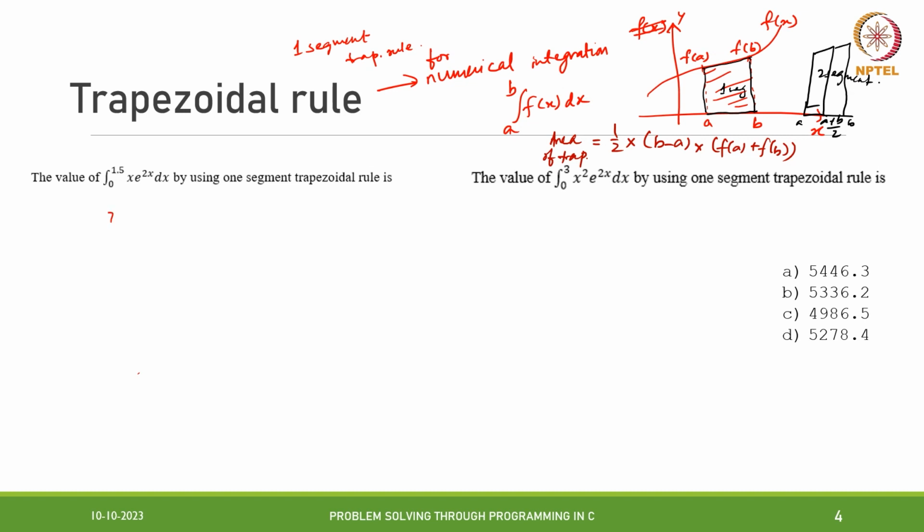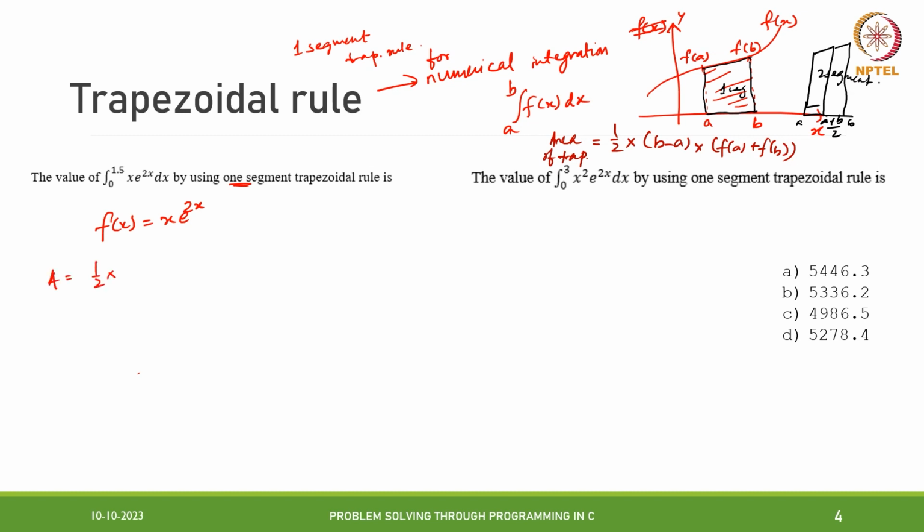So we have f of x here. f of x is x into e to the power 2x, and we have been asked to use a one segment trapezoidal rule. So this is basically going to be our case. Now, if there is one segment, and here a and b are 0 and 1.5, we just simply put in the area.